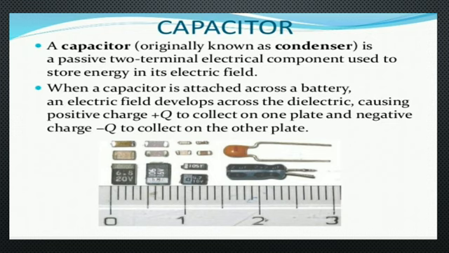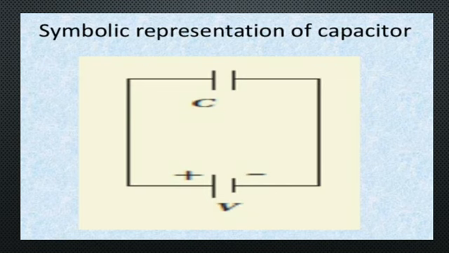It causes positive charge to collect on one plate and negative charge on the other plate. See the different sizes of capacitors. This is the symbolic representation of a capacitor, a very simple diagram, with the capacitor connected to the battery.